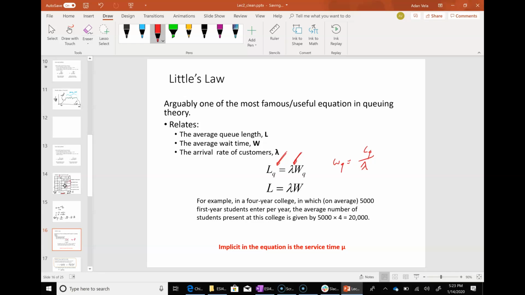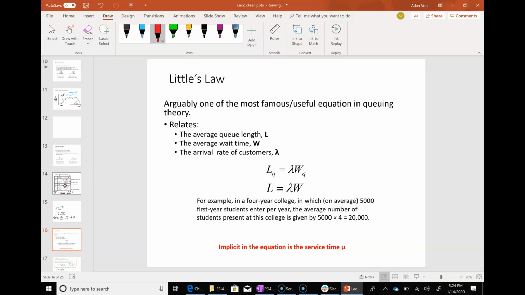So whether your arrival rate is exponential or not, whether your service rate is exponential or not, these equations will always work. And that's part of the power and amazingness of Little's Law, is that we can relate the length of a queue with how long people wait, as long as we know the average rate at which people come.